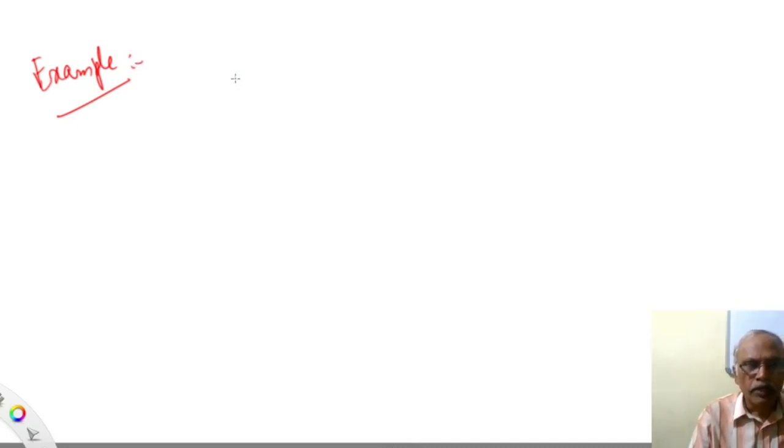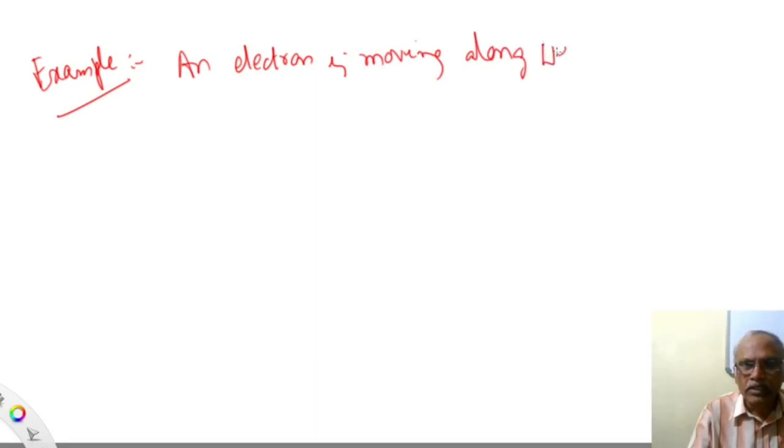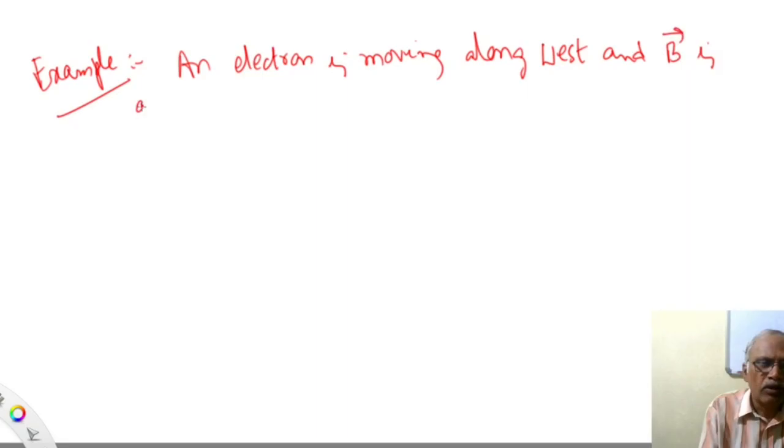For example, one example is an electron. An electron is a negative charge. The electron is moving along west, and the magnetic field B bar is along north.